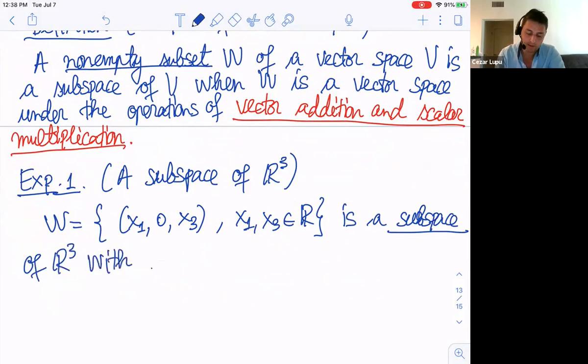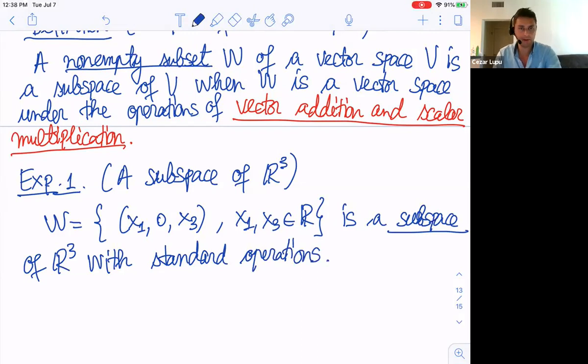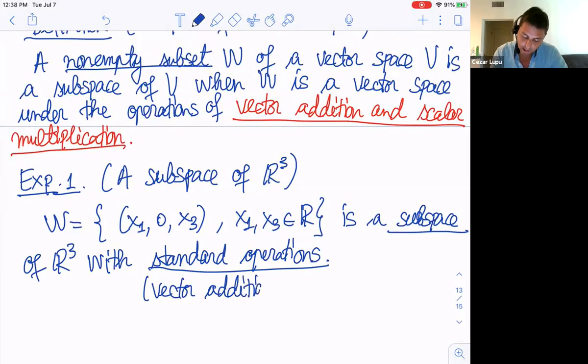When I say with standard operations, I mean the vector addition and scalar multiplication, right? That's what I mean by standard operations. So let me mention this here: vector addition and scalar multiplication.